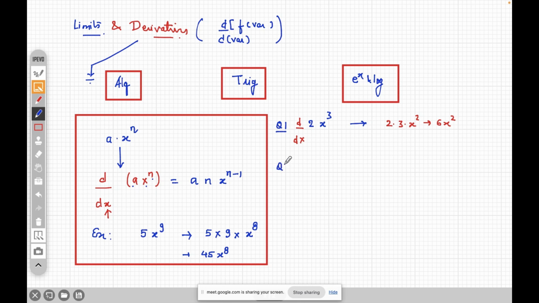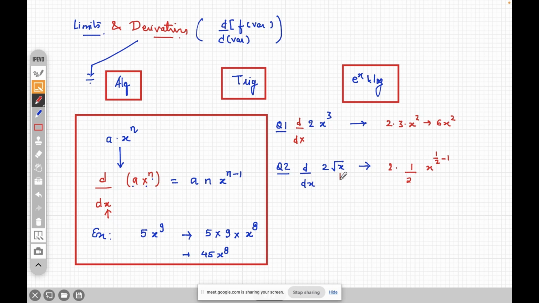Looking at the good response, I am complexifying the scenario. d by dx of 2 root x. Take your time, no need to hurry. So 2 into 1 by 2, very good, into x, so it will be 1 by x.